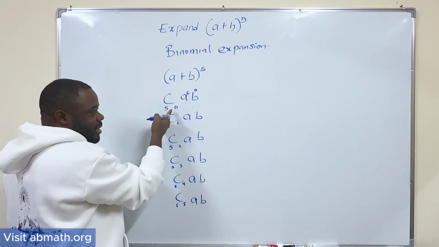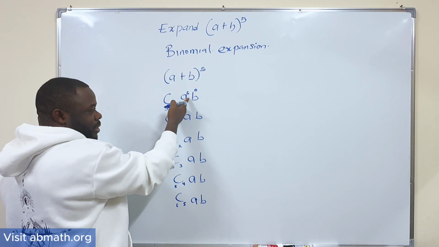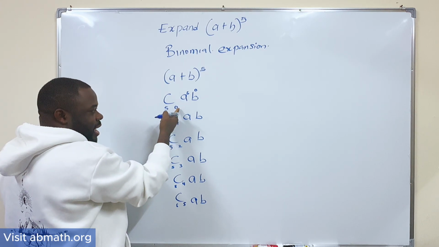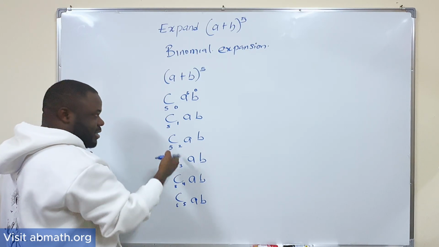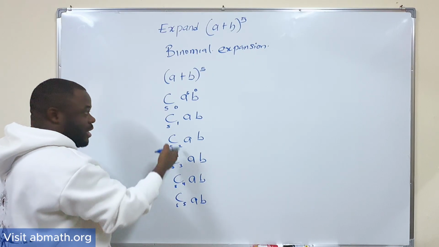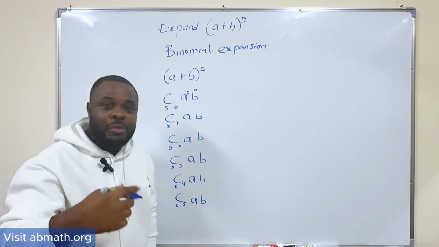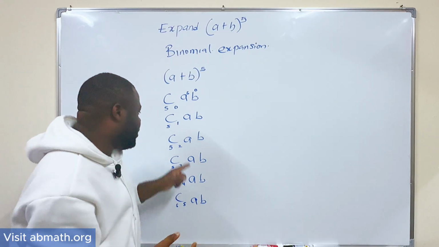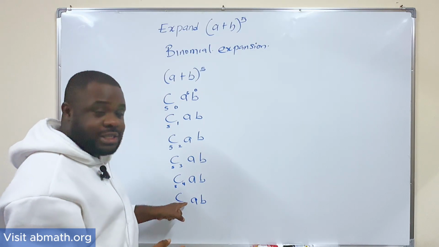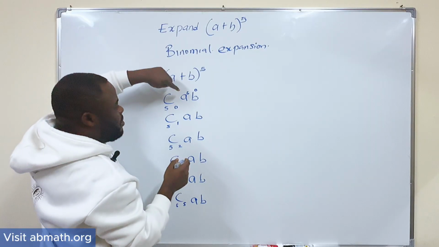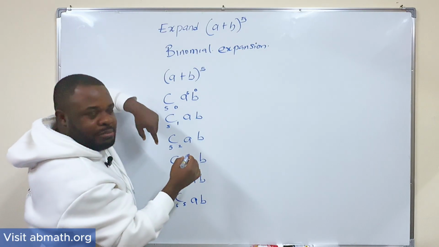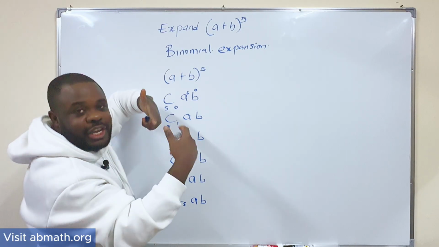Remember, the first one is going to come with the first term, and this is always the second term. So I want you to take cognizant of this second term, because we'll be doing something a little bit complex. You understand why I asked you to take cognizant of the second term. So the first term will be reducing in power, while the second term will be increasing in power.